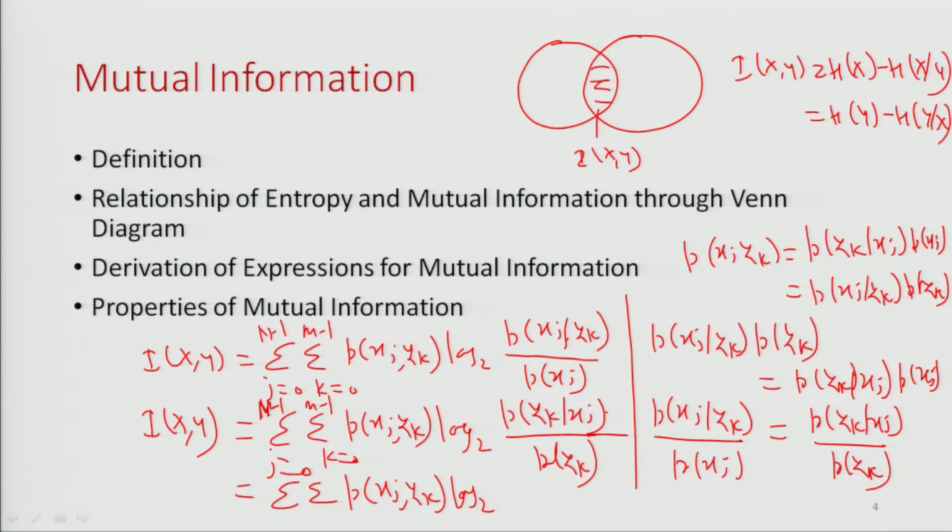Then this becomes p(xj, yk) divided by p(xj) into p(yk) in the denominator. This is the third expression for I(X;Y).